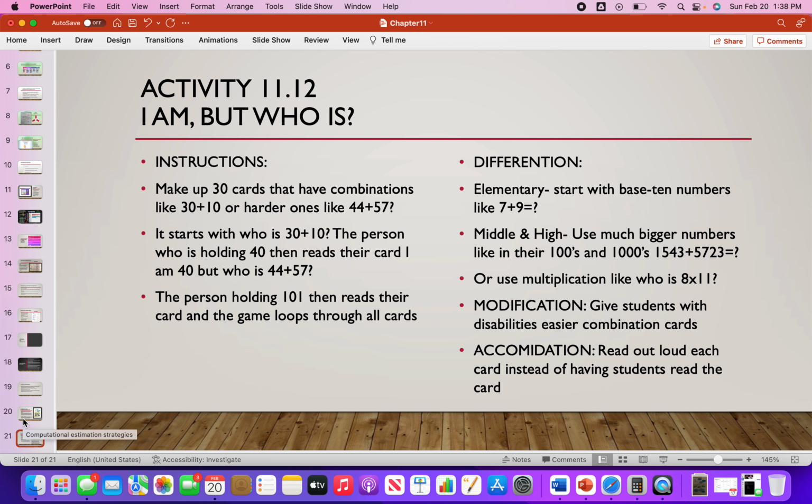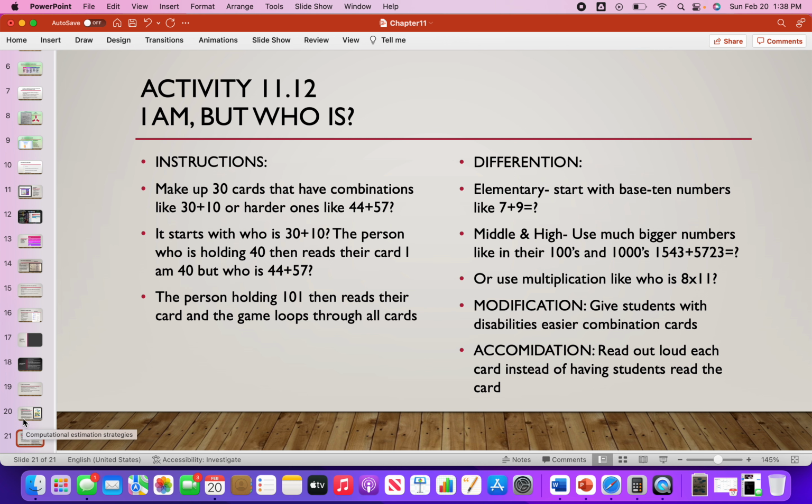I thought this was great because you could start it very easy at the elementary age, and use base 10 numbers, like 7 plus 9, really simple numbers at first. And then for middle and high school, you can use much bigger numbers, like in the hundreds and thousands.